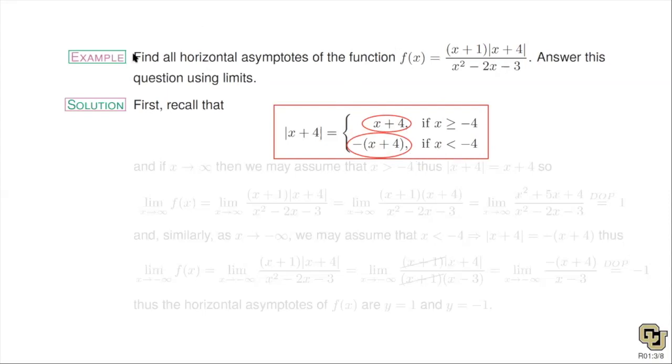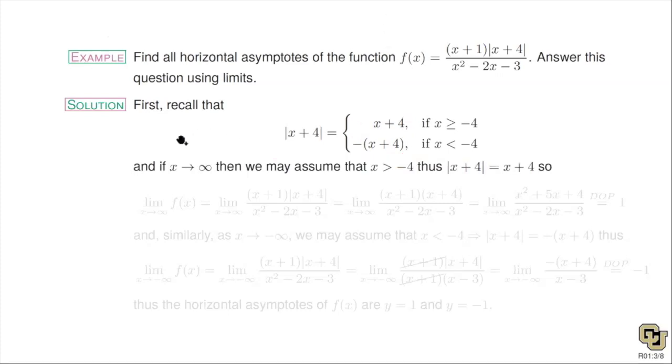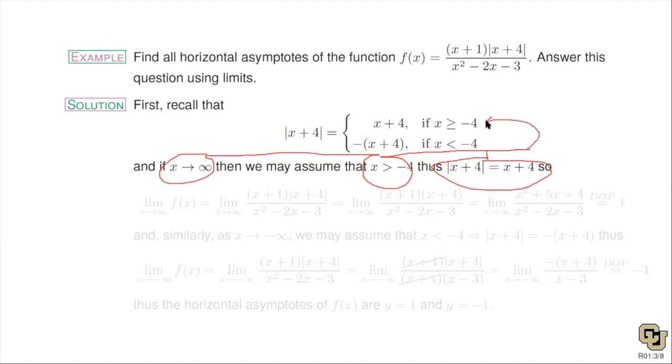Okay, so here, if we send x to infinity, we can assume, since x is going to infinity, that x is greater than negative 4. And if x is greater than negative 4, then according to this absolute value function definition, I can replace the absolute value with x plus 4.